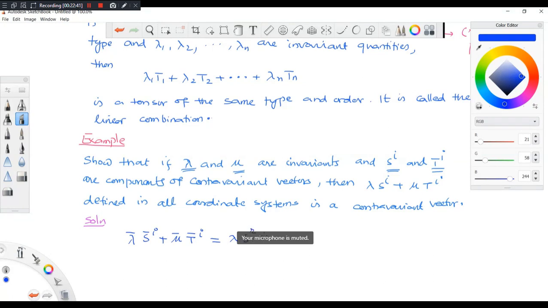S^r into del x bar i by del x^r. Mu bar is mu only. What is the transformation law of T bar i? T^r into del x bar i upon del x^r. This is equal to lambda S^r plus mu T^r. What is common? Del x bar i by del x^r.